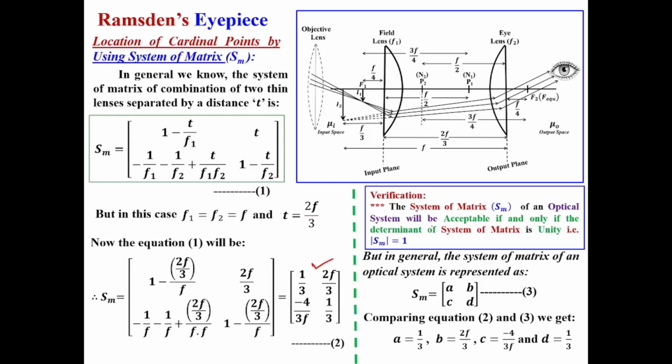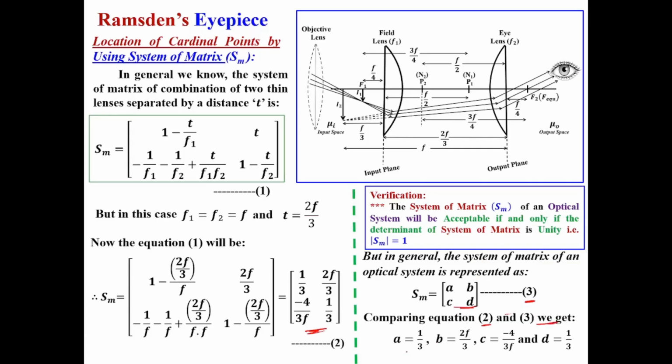But in general, the system matrix of any optical system is represented by what? A, B, C, D. These are the 4 elements in general. Let this be your equation number 3. Now you just compare equation number 2, that means this matrix, and 3, this matrix.